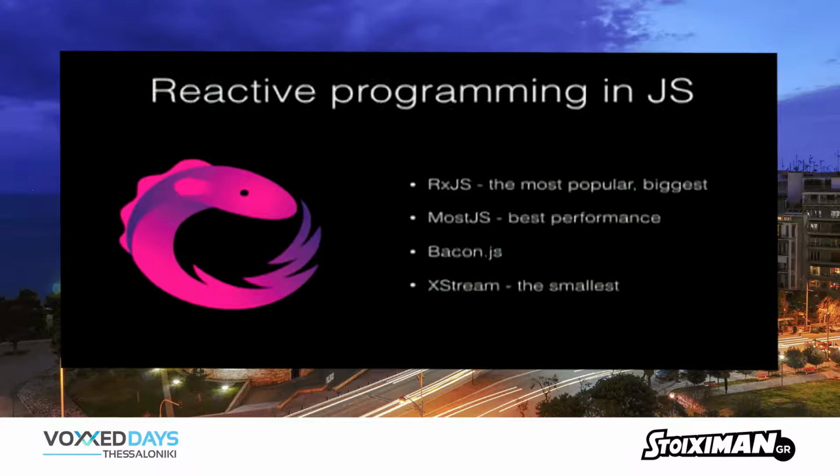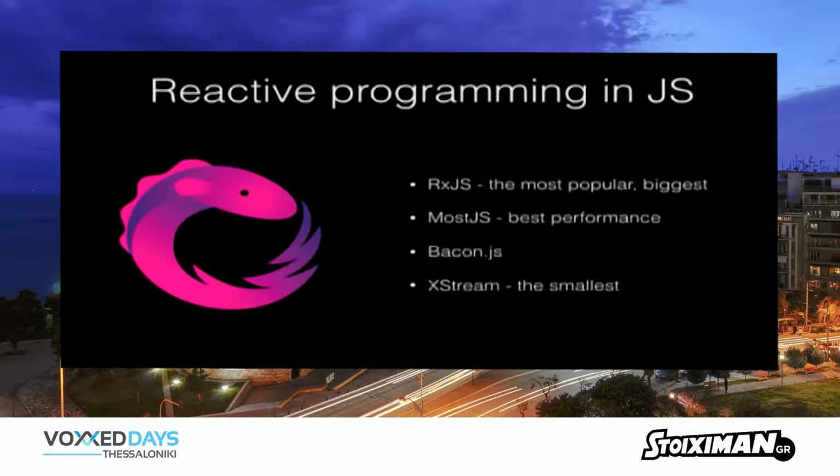The ReactiveX community is also building Rx libraries for more than 20 languages like RxJava, RxRuby, and so on. All those modules have the same API. So if you learn RxJava, you can easily use RxJS or RxRuby or RxPHP, doesn't matter.